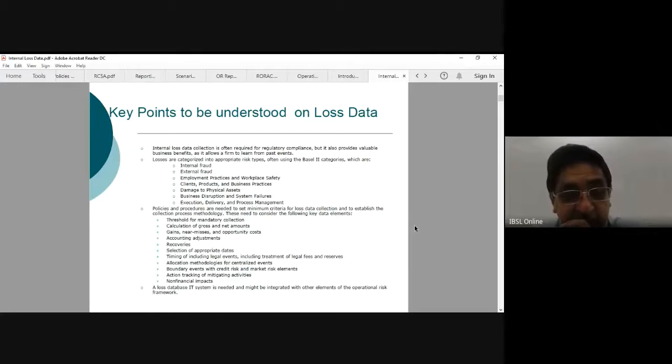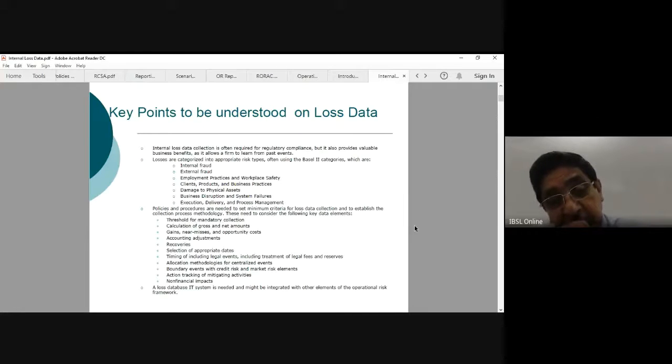Now, all these things come into a categorization where we call them the risk event types. If you take these things into consideration, in a basic way you are in a position to categorize these events into 4 basic areas.